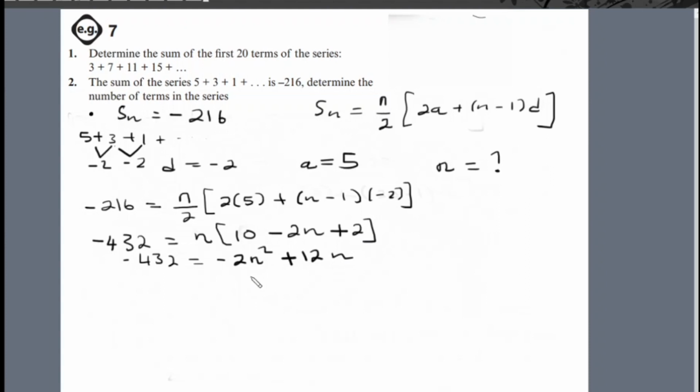Right, and then we take all the numbers and bring them to one side. This is 2n squared minus 12n minus 432 equals 0.